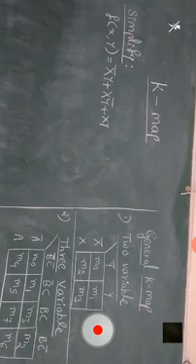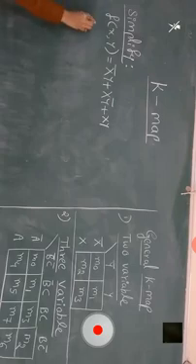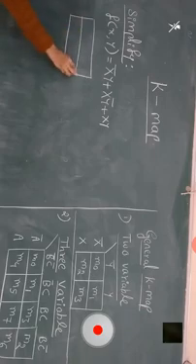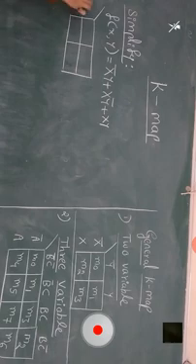First, as given in the general K-map, we have to draw the general K-map. So I am drawing it in the first step. I am drawing the general K-map like this. This is x bar and this is x.